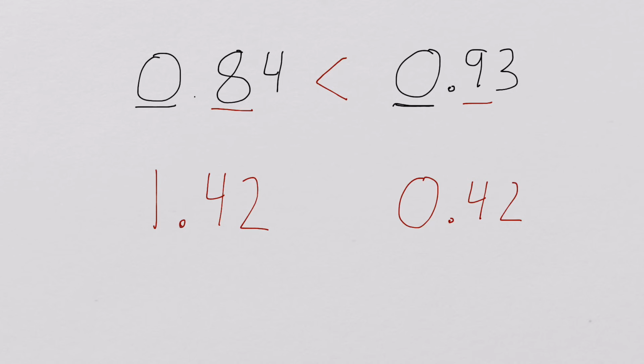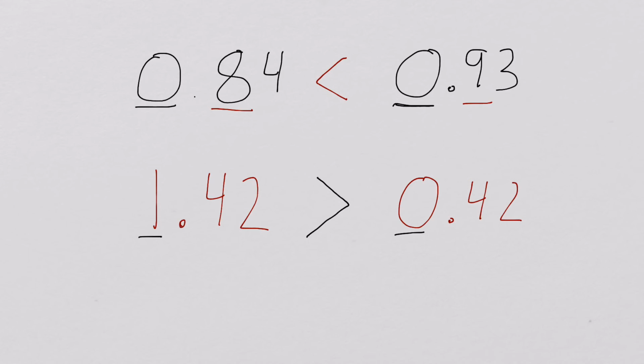So this decimal, 1 and 42 hundredths, is greater than 0 and 42 hundredths. I didn't even have to look at my decimal place values. I just had to look at the 1 in the ones place and compare it to the 0 in the ones place. It can be that simple sometimes.